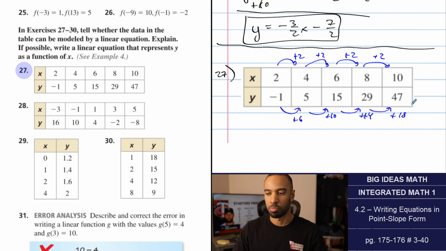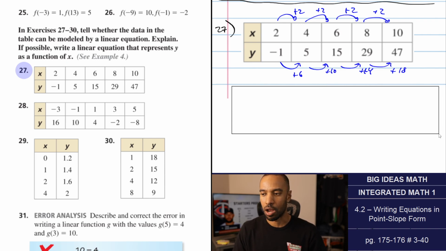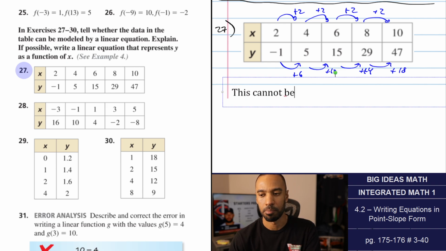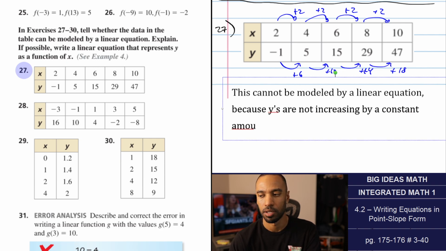Once we saw plus 6 and plus 10, we could have said no. So this is not linear, so we cannot write a linear function based off of this. This cannot be modeled by a linear equation because y's are not increasing by a constant amount.